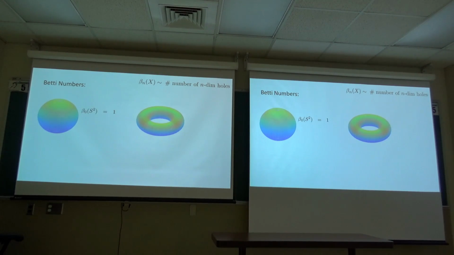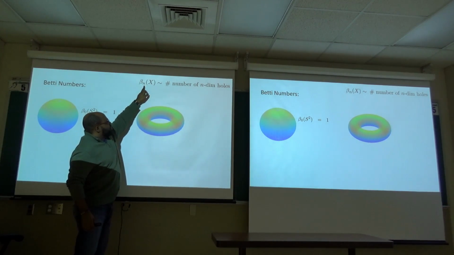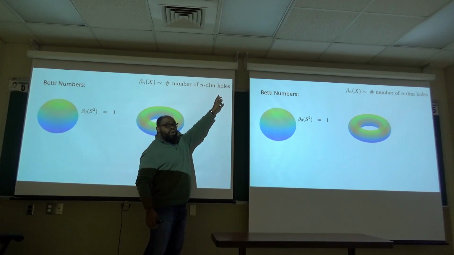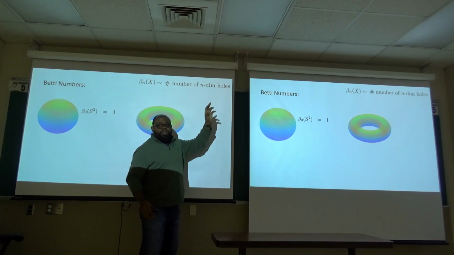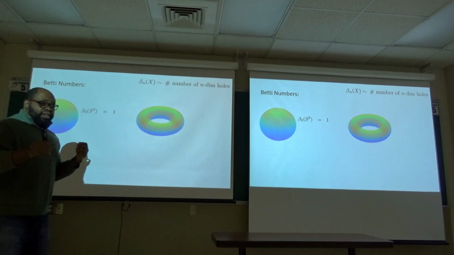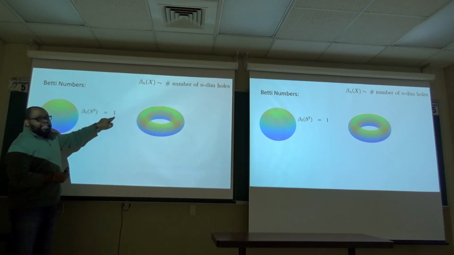When n is equal to 0, beta 0, I'm measuring the number of 0-dimensional holes. What does that mean? That sounds weird. A 0-dimensional hole means a connected piece of the space. In other words, Betti 0 measures the number of connected pieces that the space has.